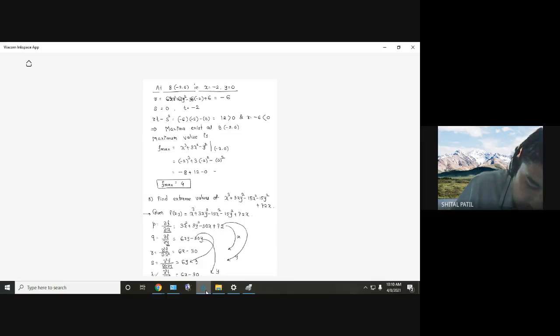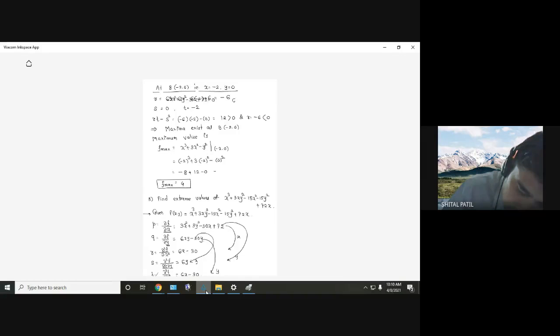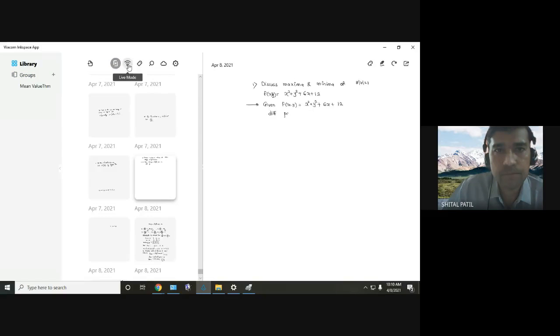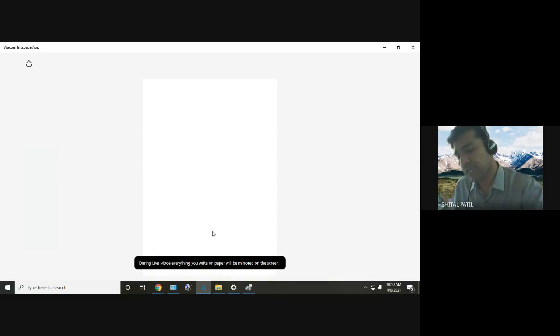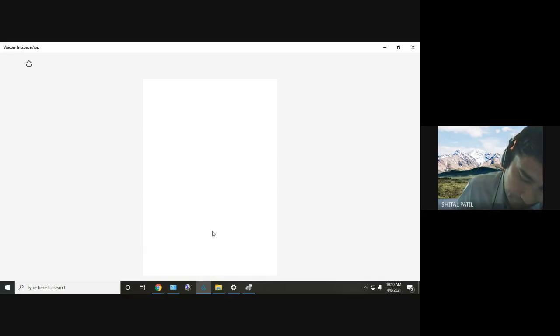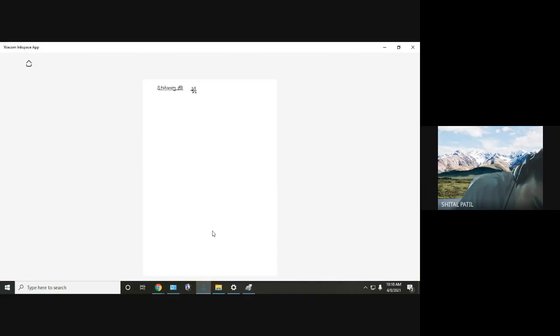Now the stationary points. Stationary points are obtained from del f by del x equal to 0, del f by del y equal to 0.